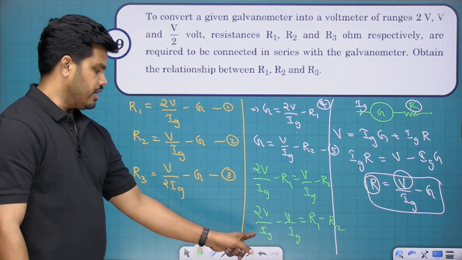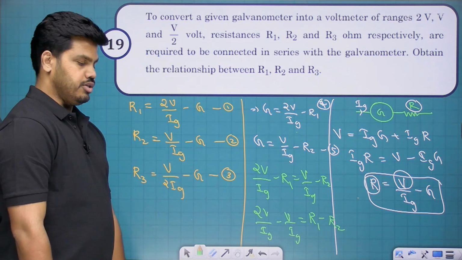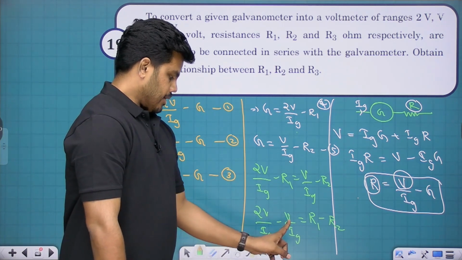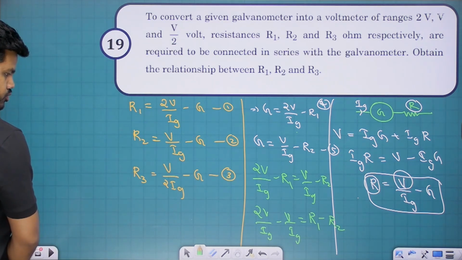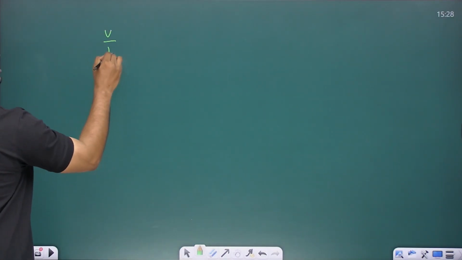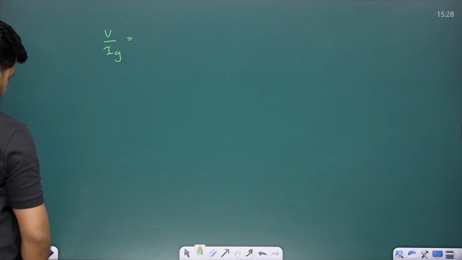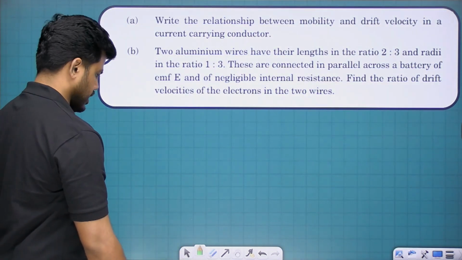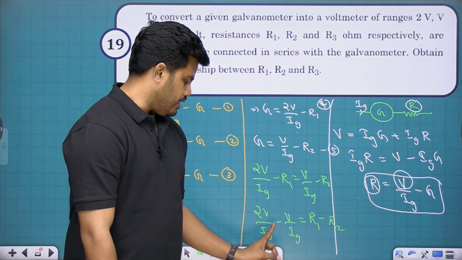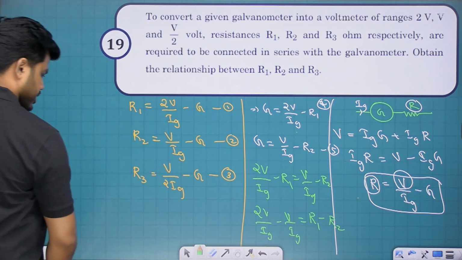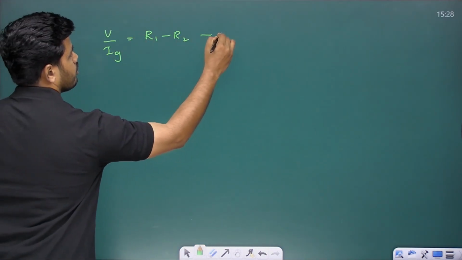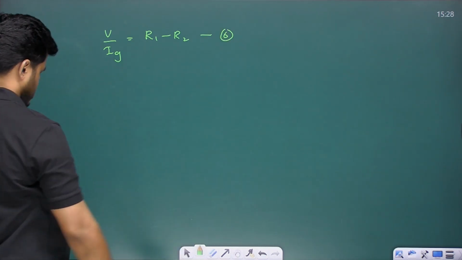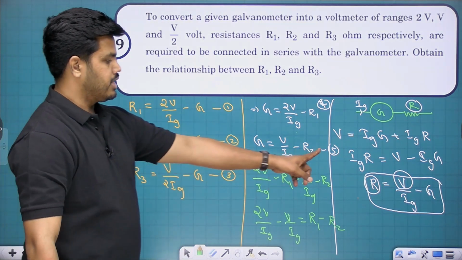So what is 2V minus V by Ig? 2V minus V is going to be V only, so V by Ig. V by Ig is equal to R1 minus R2. Suppose this is equation number 6, since this was 4 and 5, right? So the next one is 6.